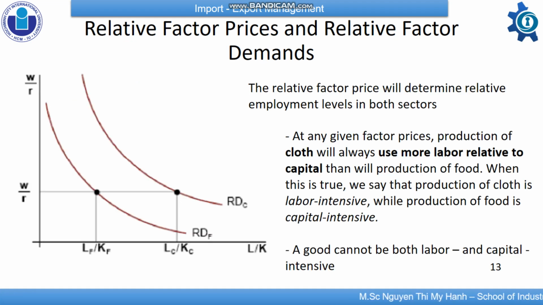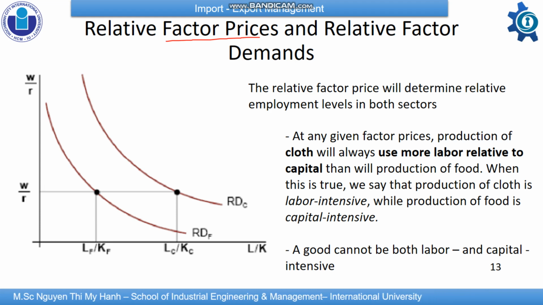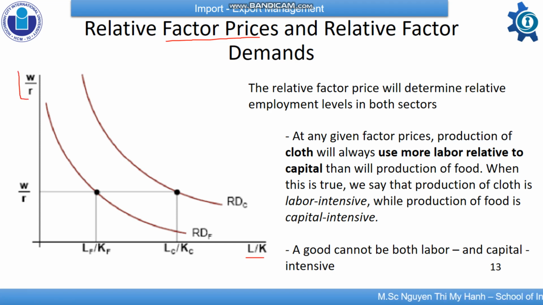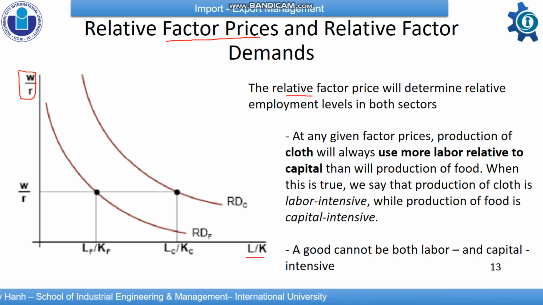Look at this figure. It represents the relationship between the relative factor price and the relative factor demand. The x-axis is the relative demand for labor to capital, and the y-axis is the relative price for labor to capital. The relative factor price will determine the relative employment levels in both sectors.